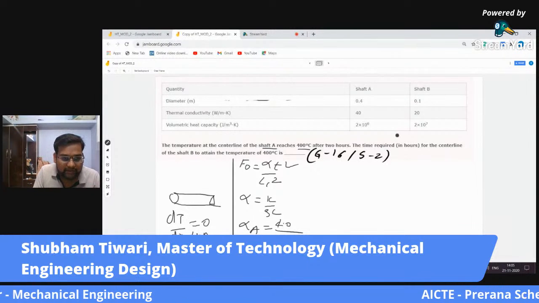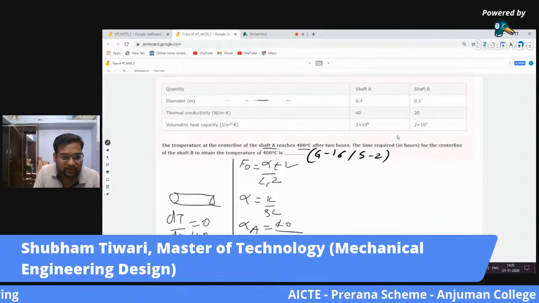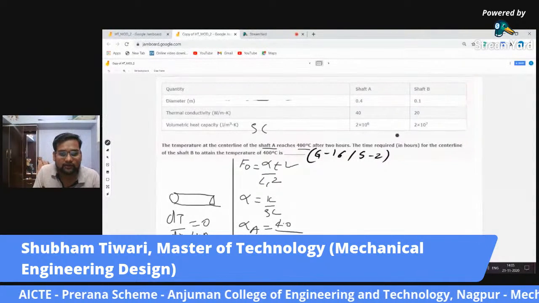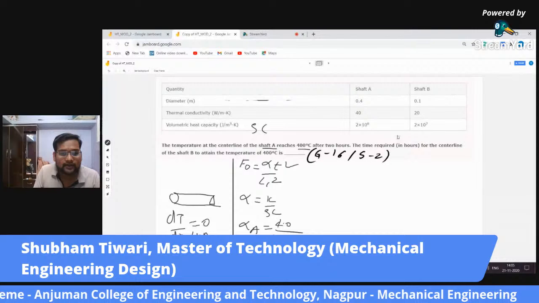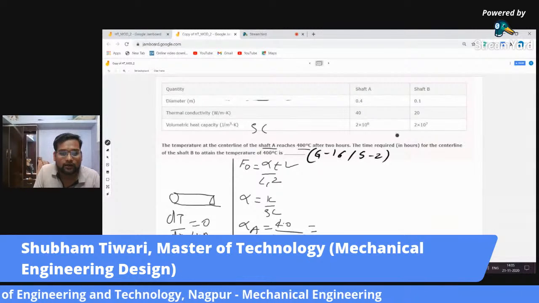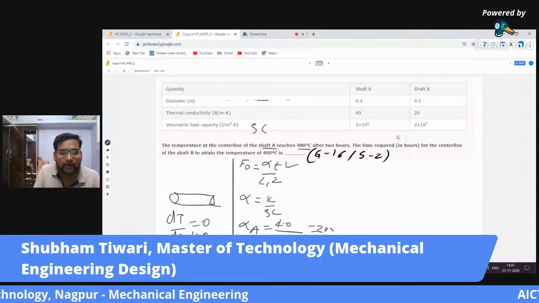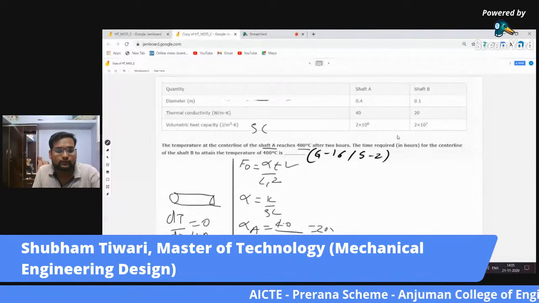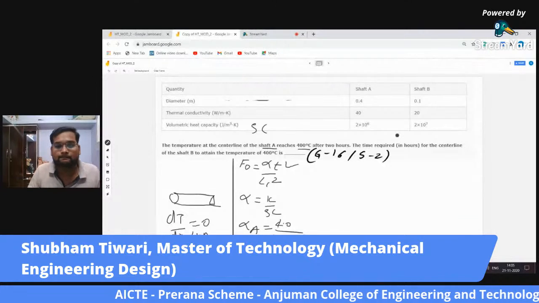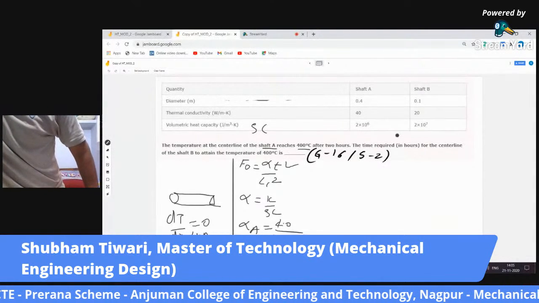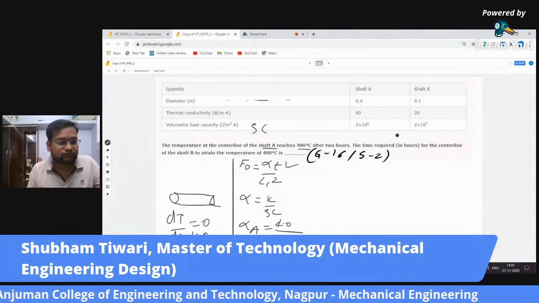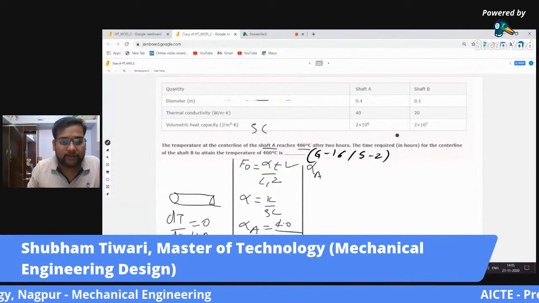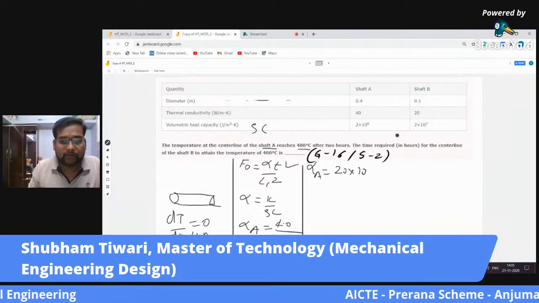Now it is volumetric capacity, joule per meter cube per Kelvin, which is nothing but rho C. Rho into C is volumetric heat capacity, which is given to be 2 into 10 raised to power 6, which comes out to be 20 into 10 raised to power minus 6. Alpha A is equal to 20 into 10 raised to power minus 6.